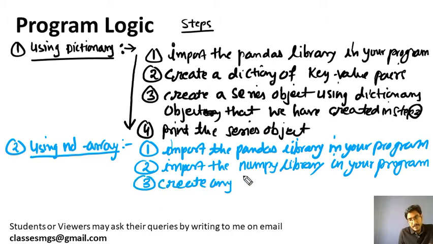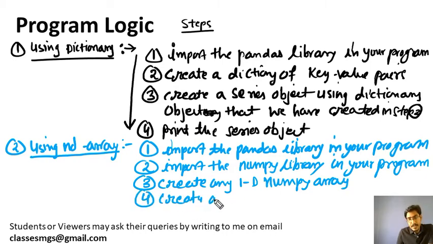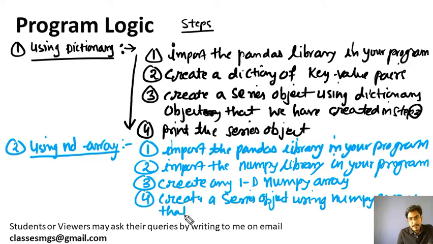Then the third step is to create a numpy array, any one-dimensional numpy array. Then create a series object using the numpy array that was created in step 3, and at last we will print the series object.